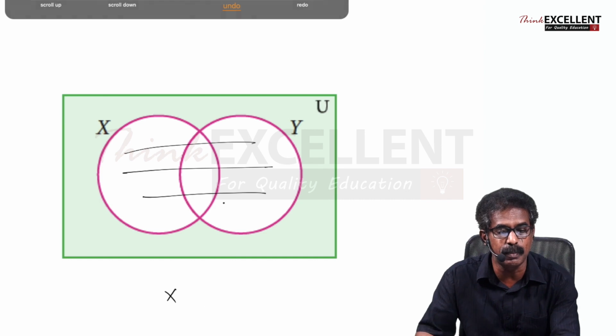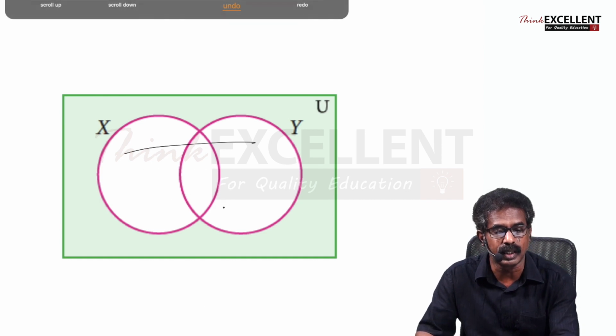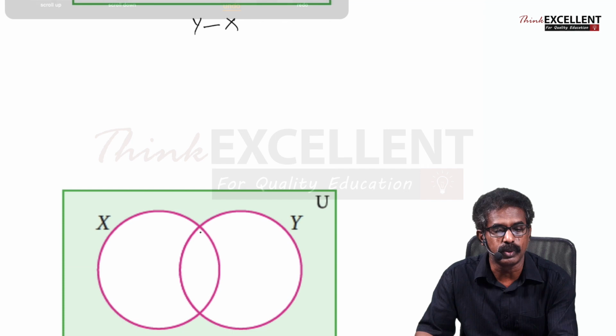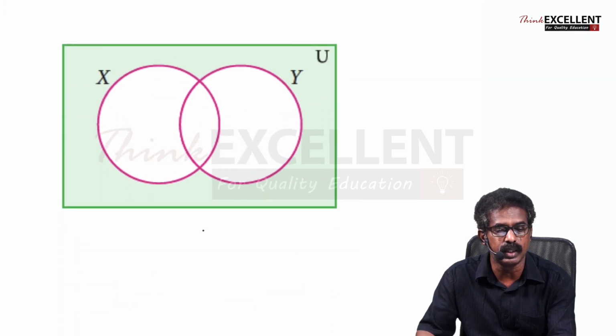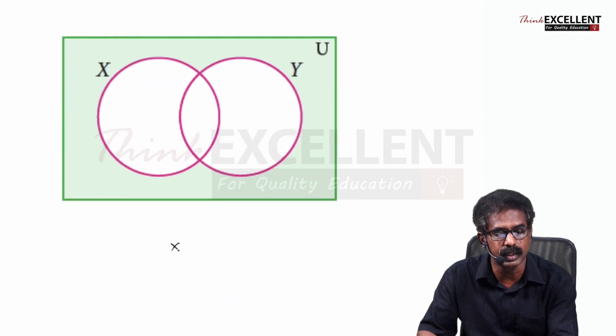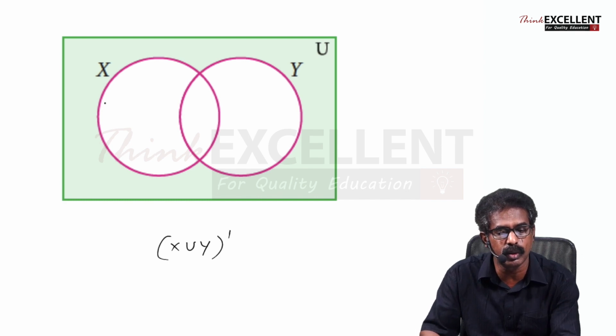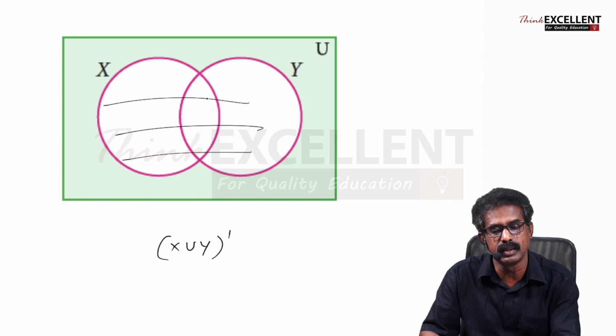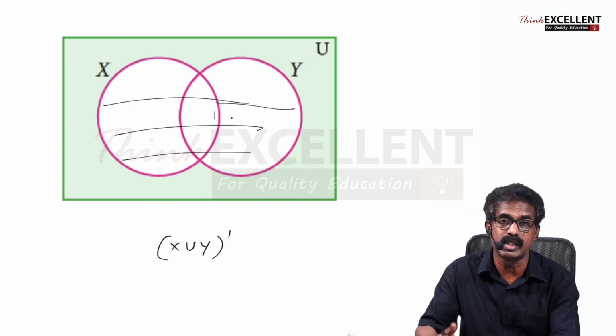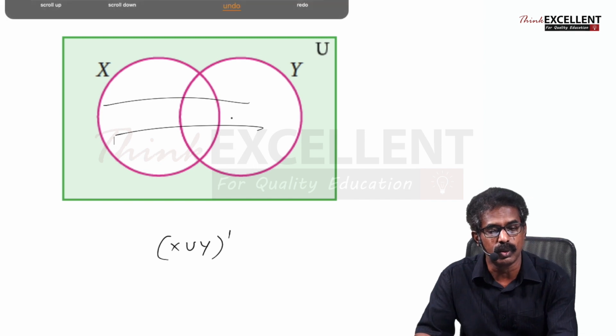Because X union Y means this portion, right? It is outside, leaving that, taking all the remaining. So this is X union Y, the whole dash.